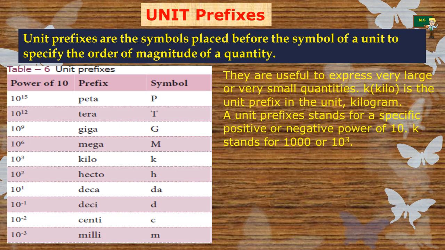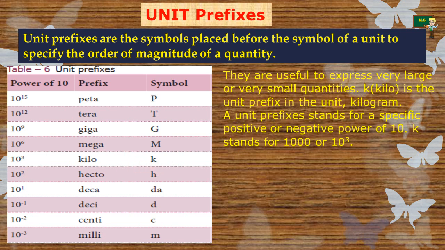Here 10 to the power 15 is peta and it has the symbol capital P. 10 to the power 12 is tera and it has the symbol T. 10 to the power 9 has the symbol G and its prefix is giga. 10 to the power 6 has the prefix mega and the symbol is M. 10 to the power 3 has the prefix kilo and the symbol is k.